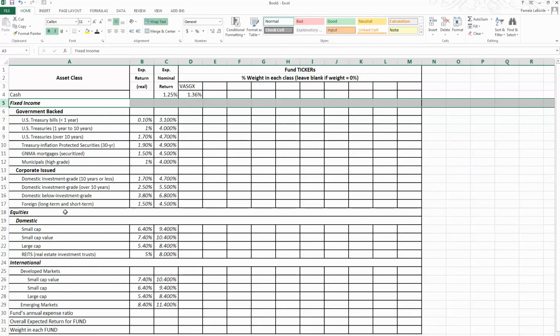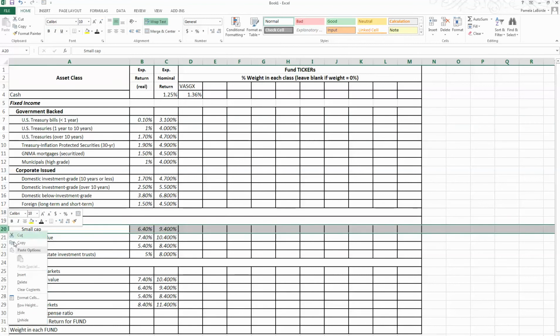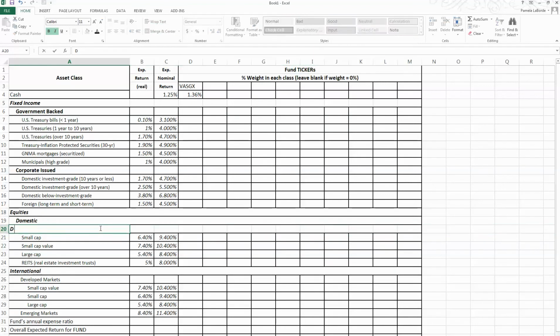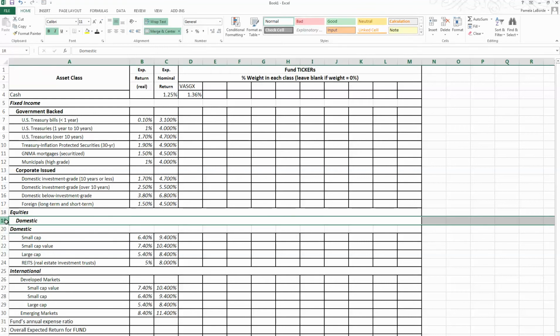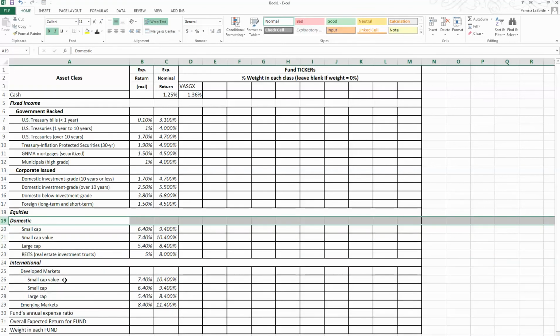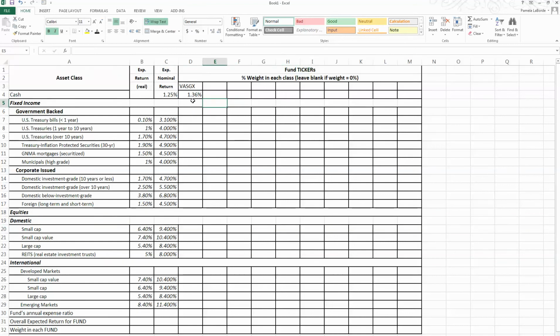I also need it that way for domestic equities, because in a minute I'm going to put a percentage here. It'll make sense in a minute, I think. The rest of it looks good. Okay, so for fixed income, the Life Strategy Fund had 14.84% of fixed income. For domestic equities, it had 55.17%.